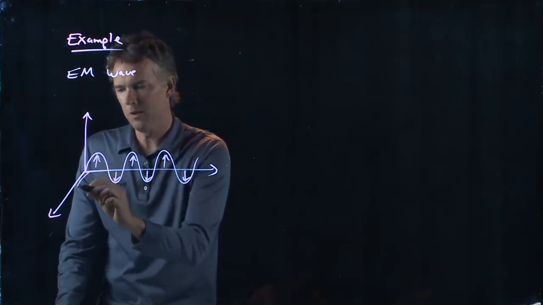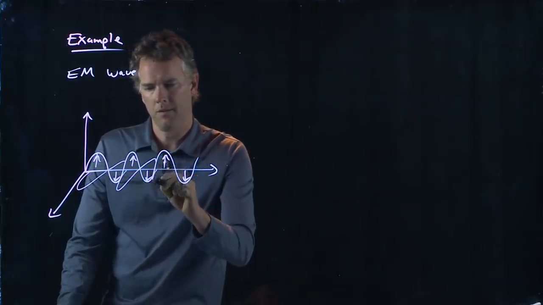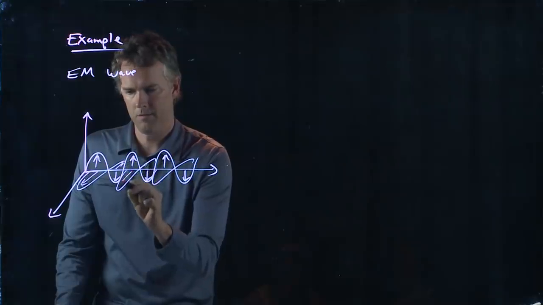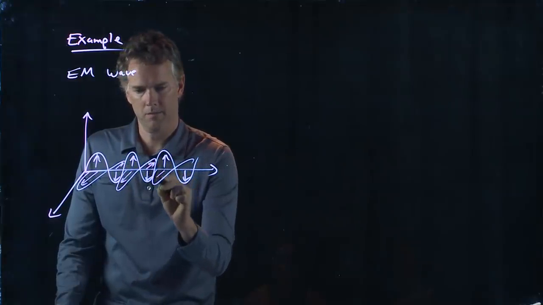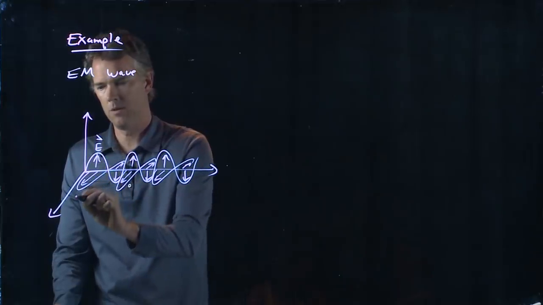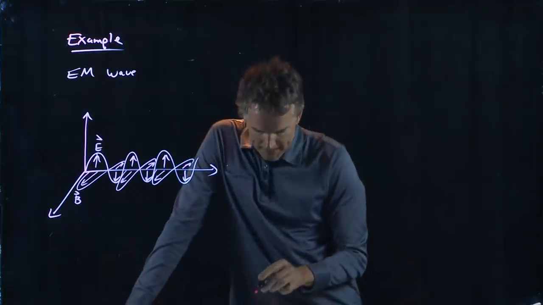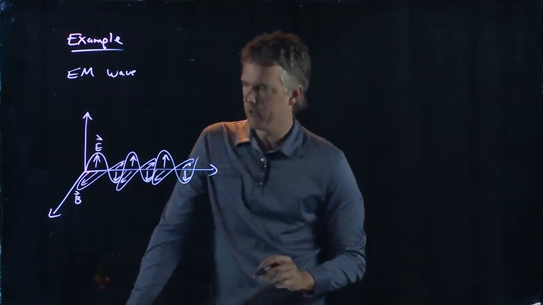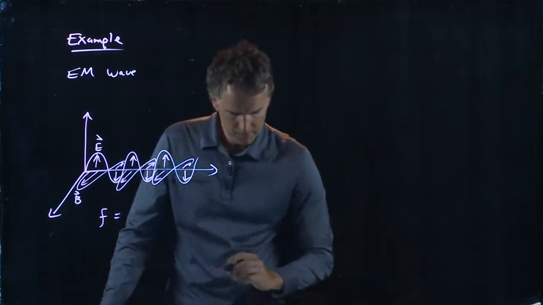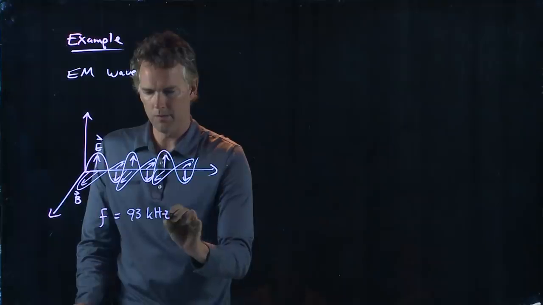And the B field was coming in and out of the board. Okay, E going up, B like that. So the first thing they tell us is the B field oscillates with a frequency of 93 kilohertz.